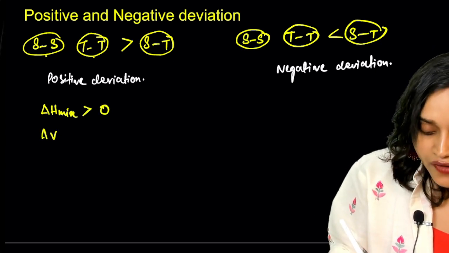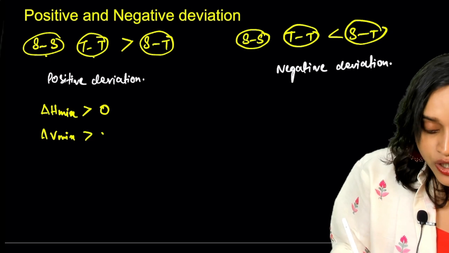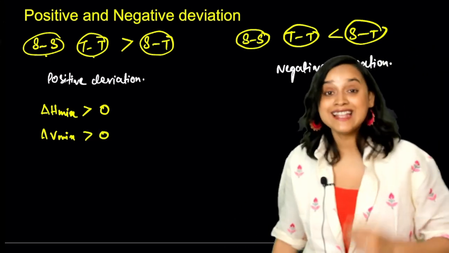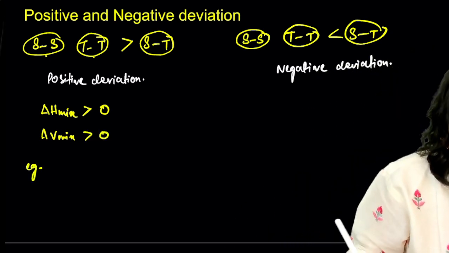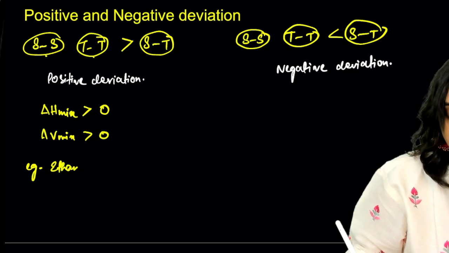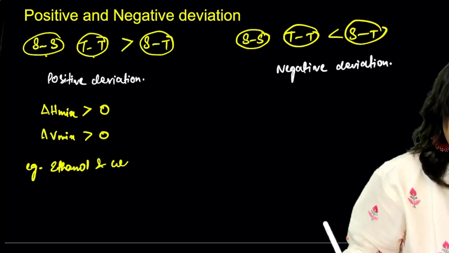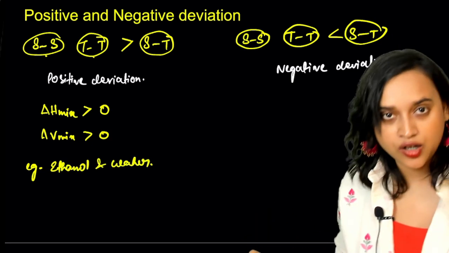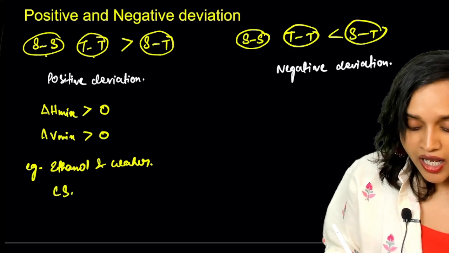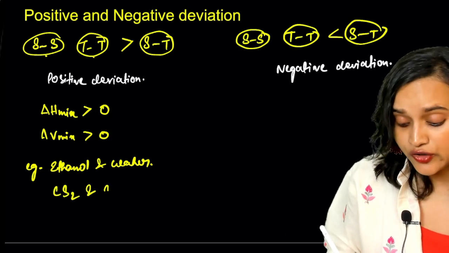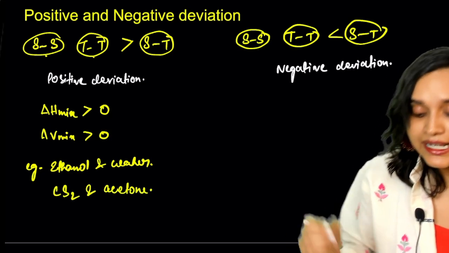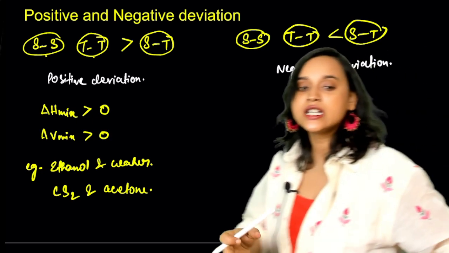Yes, delta V mixing will also be greater than 0. An example here is ethanol and water. Apart from that, you have carbon disulfide and acetone. These are the examples of positive deviation.